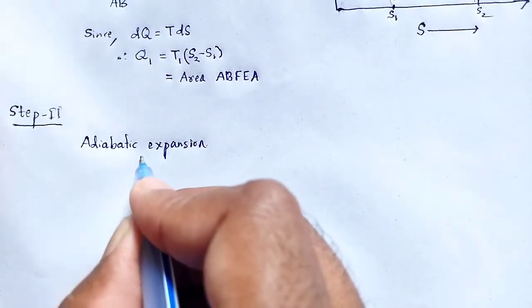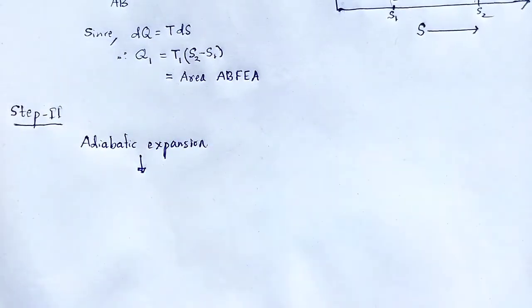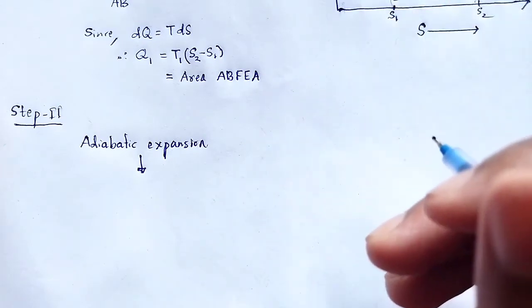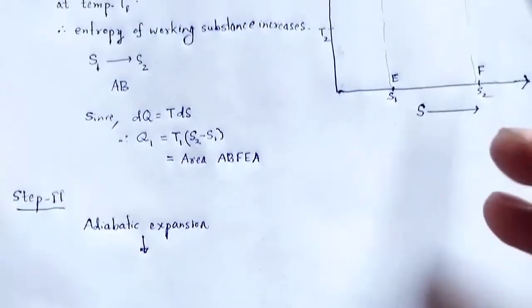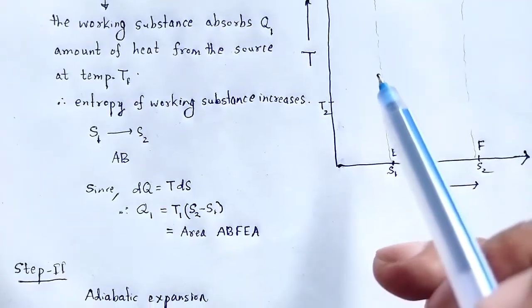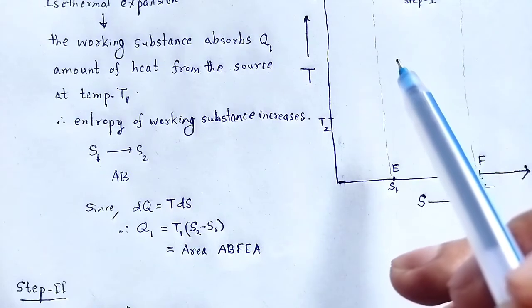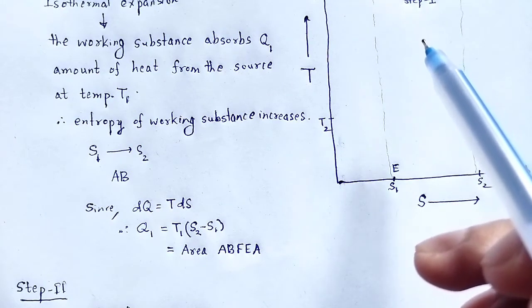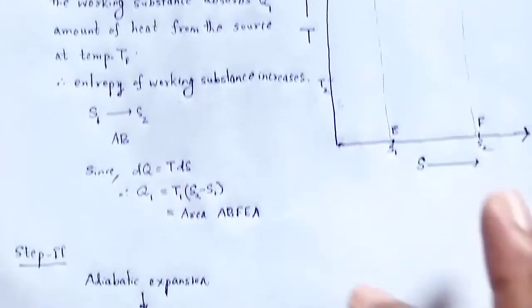What happened in adiabatic expansion? The temperature of the working substance decreases from T1 to T2, and the working substance does not lose or gain heat from the source or sink. Hence the entropy remains constant.